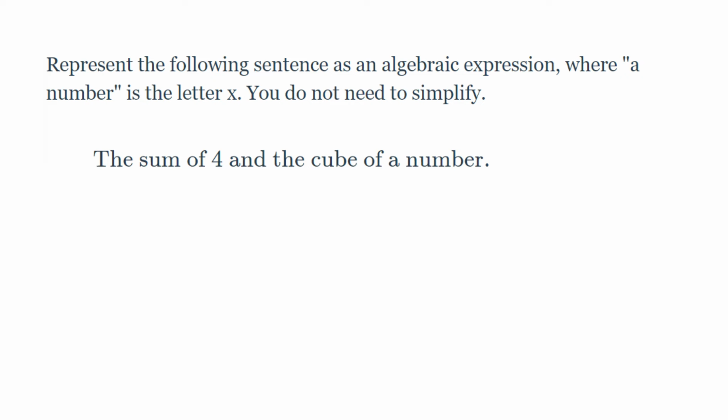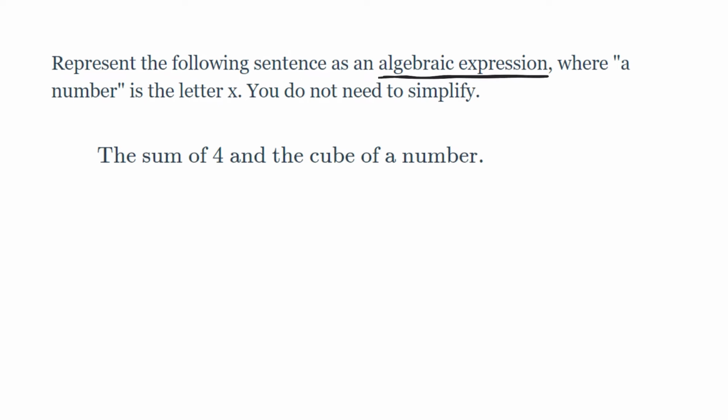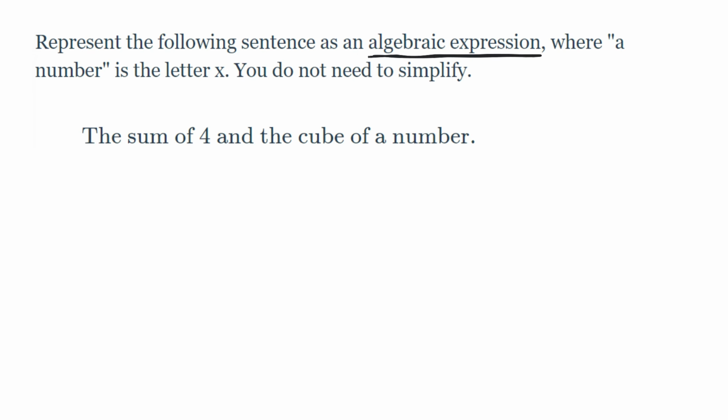Before we get into that, what we're going to do is rewrite some of our algebraic expressions, words into numbers, with a number being represented by the letter X. This one says the sum of. Anytime you see the sum of, we obviously have adding.